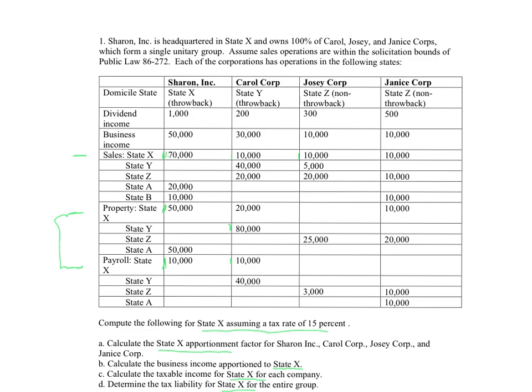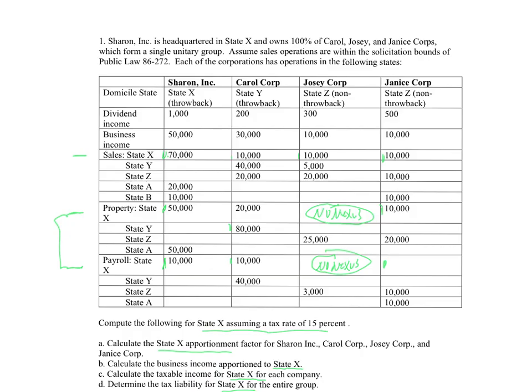We've got sales in state X, but look, we've got no property and no payroll in state X. So no property, no payroll, no nexus. And then let's look at Janice. Janice has sales, Janice has property, Janice has no payroll.